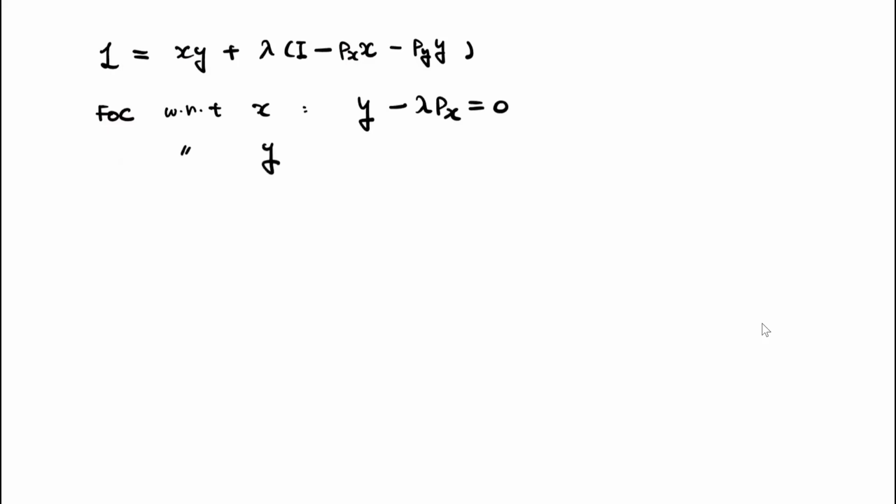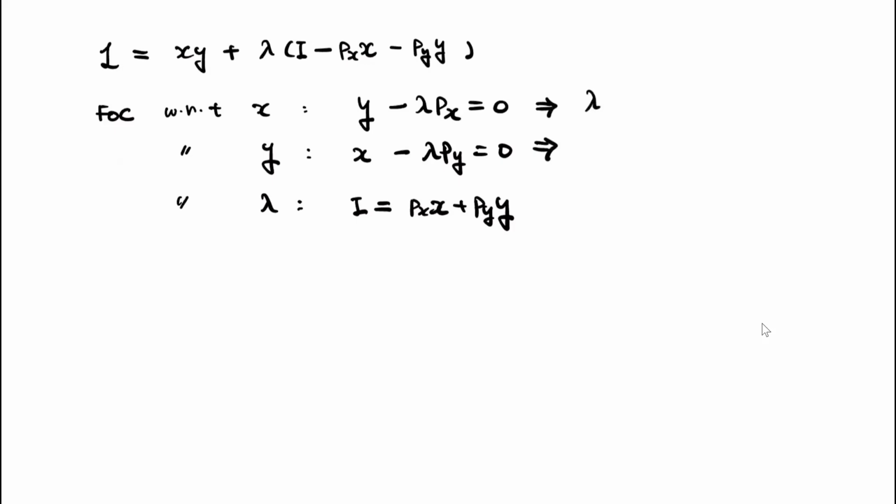With respect to y, it generates x minus lambda py equal to 0. And with respect to lambda, it generates the original budget constraint. And rearranging the first and second equations, lambda must be equal to y divided by px, and lambda must be equal to x over py, and these must be equalized.